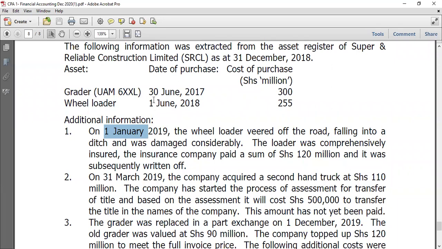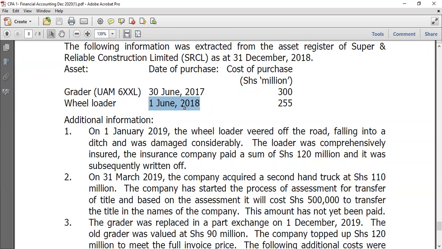So if it was bought on 1st June 2018, that means it stayed up to 31st December 2018. So we have about 7 months, because from June, July, August, September, October, November, December, those are 7 months.